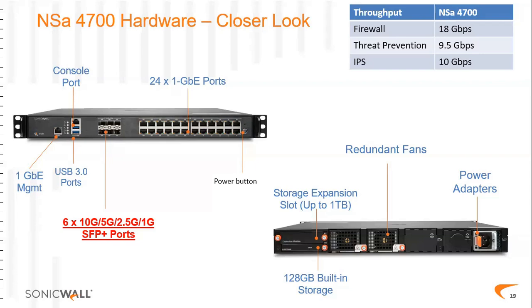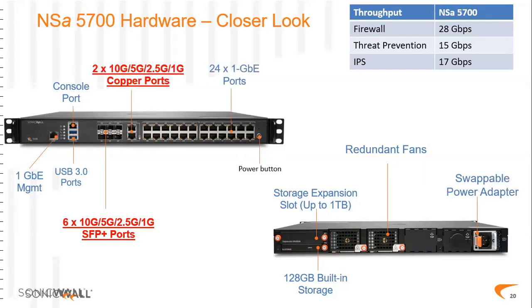They have 128 GB built-in storage, and then they have redundant fans and power adapter also. The firewall throughput is of course higher, because it's a higher model as well. This one provides 18 gig, the threat prevention is 9.5, and the IPS is up to 10. This one is another model, which is the 5700 hardware.